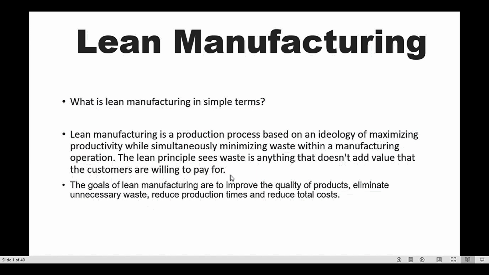The goals of lean manufacturing are to improve the quality of the product, eliminate unnecessary waste, reduce production times, and reduce the total cost. Basically, the purpose of lean manufacturing is maximizing productivity, minimizing waste, and improving the quality of the item.